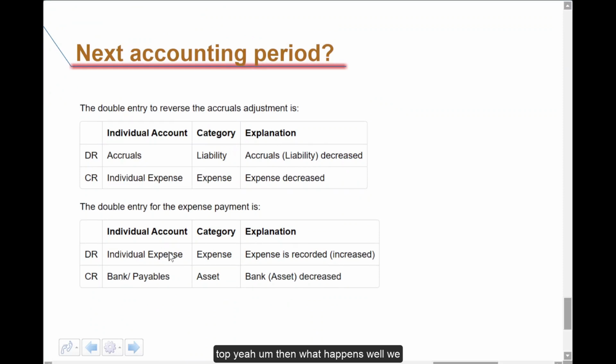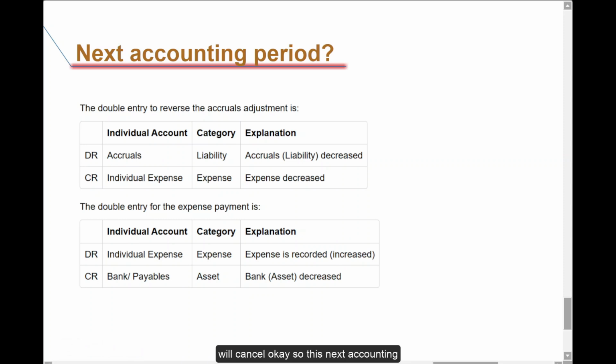Then what happens? Well, we then get the electricity bill and we pay it. What happens then? Well, we increase the expense. We debit expense. Expense is recorded, increase, and we credit bank, i.e. reduce asset. So you'll see that in effect, these two journals will back each other out in one sense, won't they? In other words, there'll be no difference to our accounts because they will cancel.